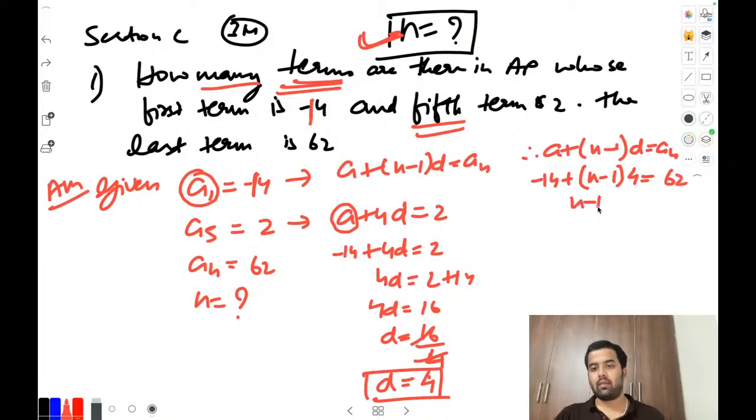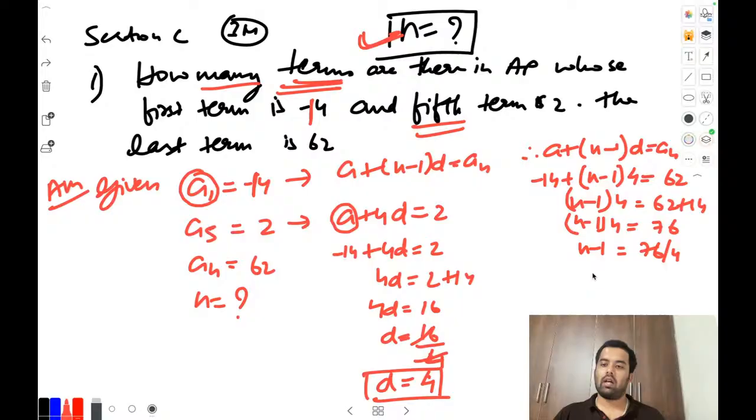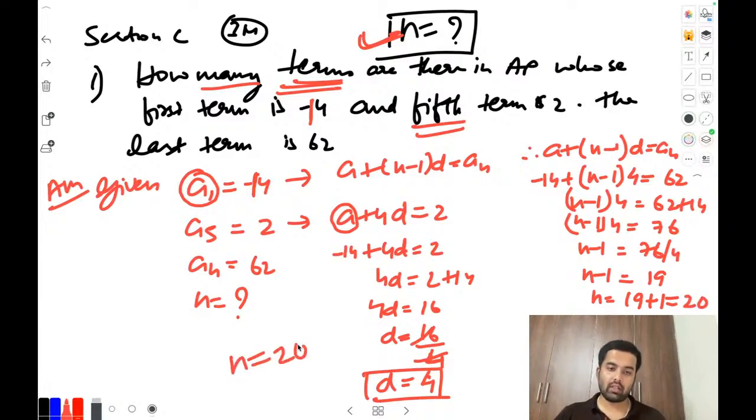Okay, n minus 1 into 4 equal to 62 plus 14. n minus 1 into 4 equal to 76. So n minus 1 equals 76 divided by 4, and this becomes 19. n equals 19 plus 1, this becomes 20. So the answer of this question is 20.